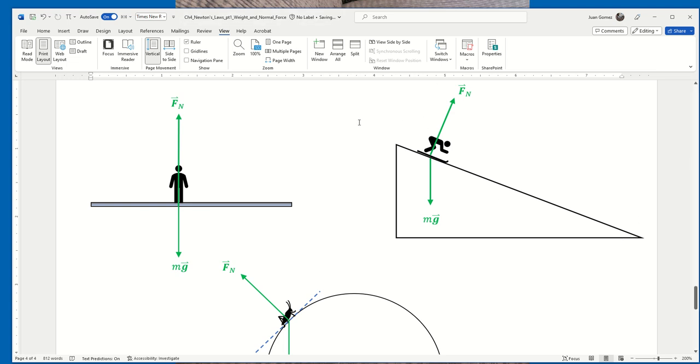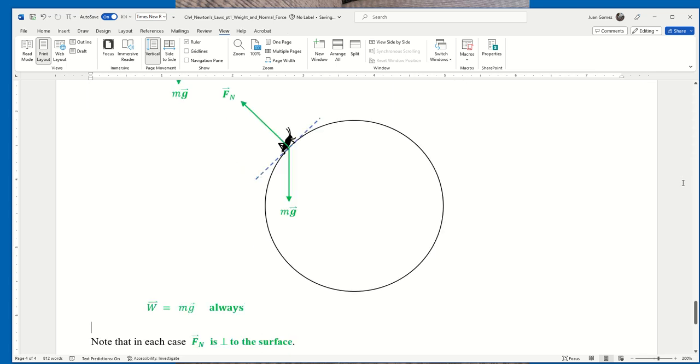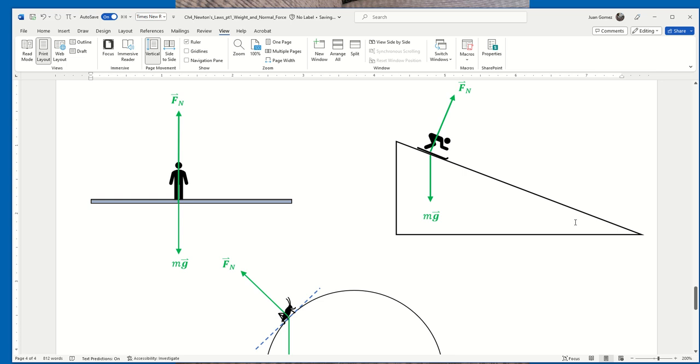Now let's go over to the right. Let's look at this skier skiing down a slope, an object in contact with an inclined surface. Normal force: the skier is in contact with the slope. Notice my Fn vector, if you look closely, is drawn such that it makes a 90-degree angle with the incline.